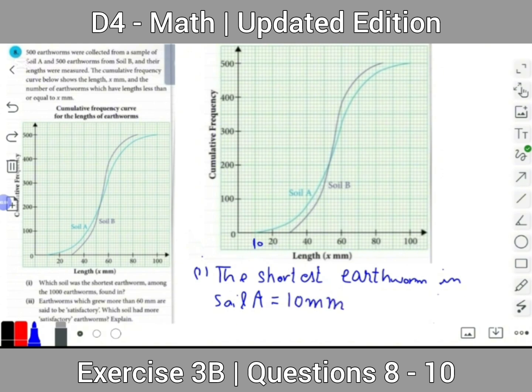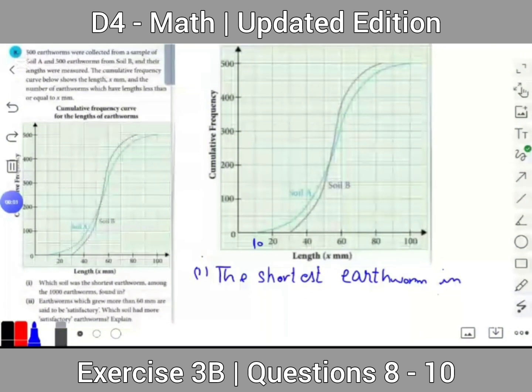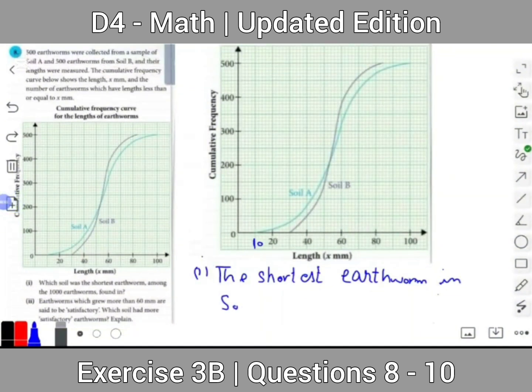Similarly, the shortest earthworm in soil B can be found out from the cumulative frequency curve. So along the x-axis each square unit is equal to 2, so we have 20, 22, 24, 26, 28 and 30.